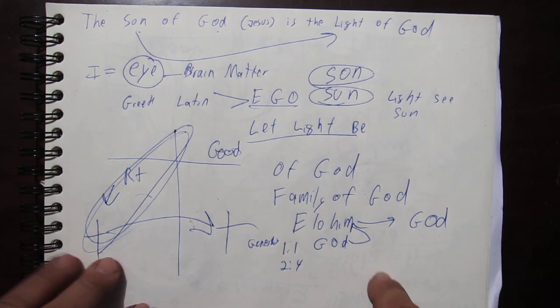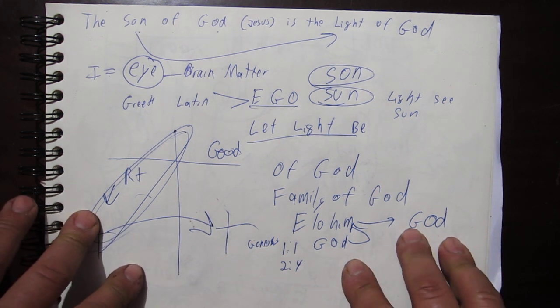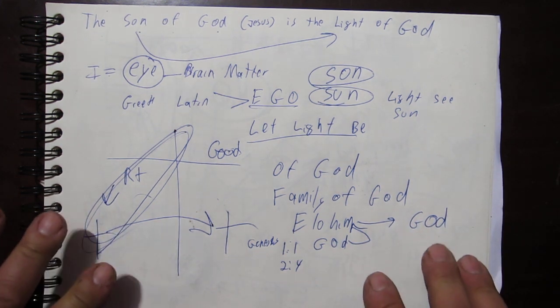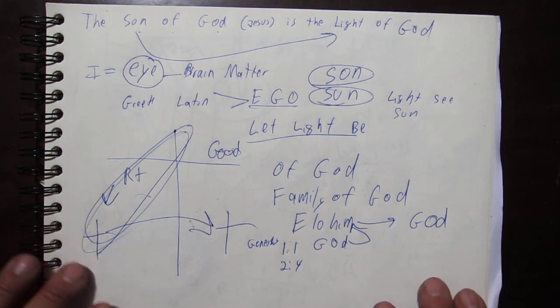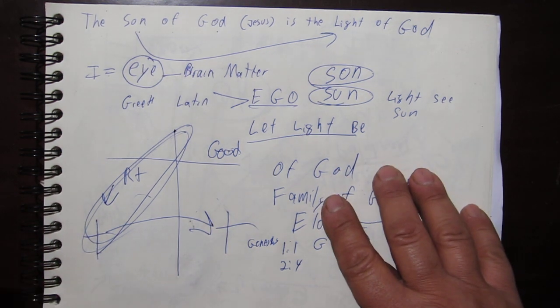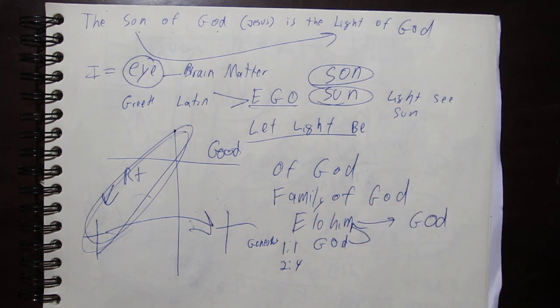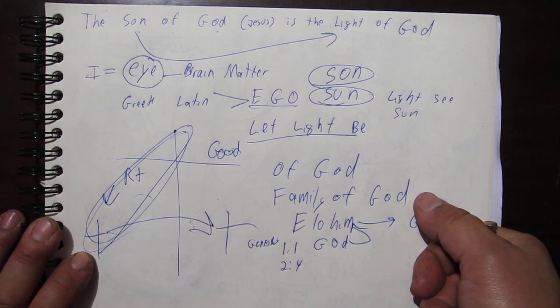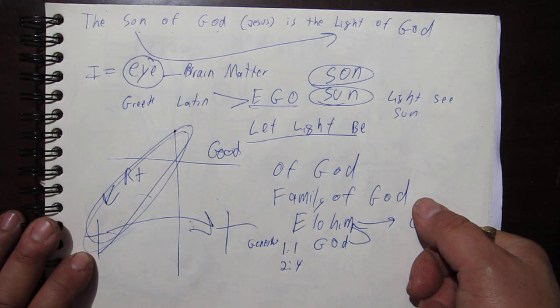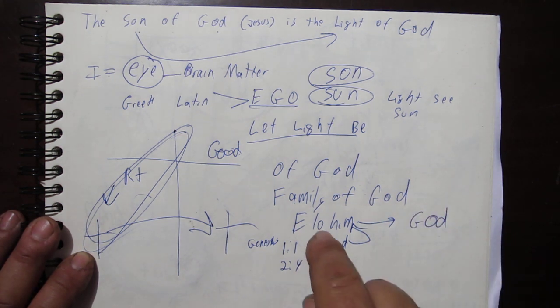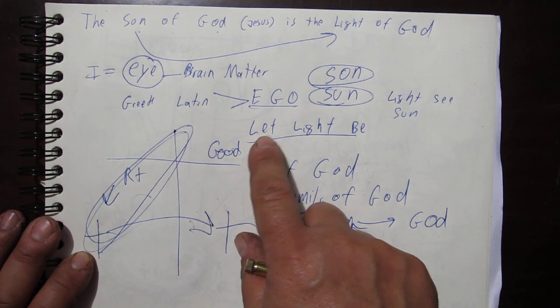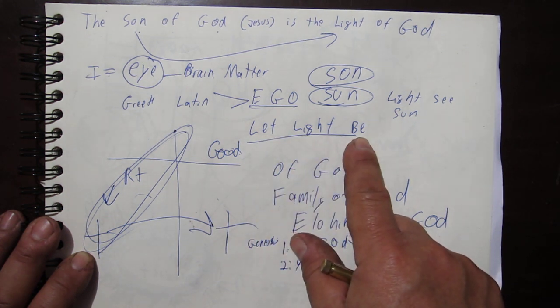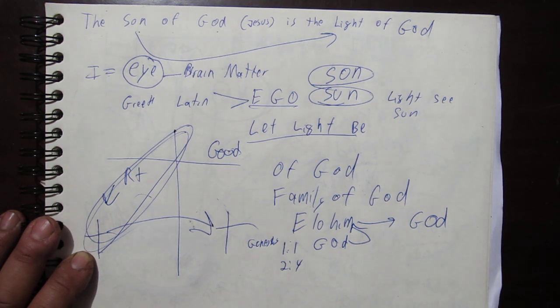So that includes God the Father, Yahweh, God the Son, Yahweh Shua, and all the elect. Until God reveals His Son in us, we are in darkness. And when God does reveal His Son in us, we are speaking just like "let light be," and God, in us, seeth the light, and the light is good. It's a big deal.